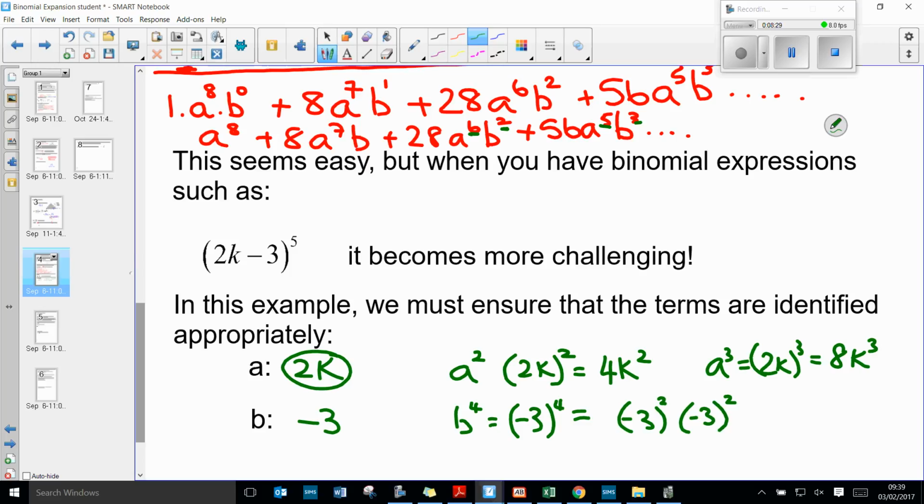Negative 3 squared we know is positive 9, which gives us positive 81. So you want to look for shortcuts to help you, especially on the non-calculator paper. You don't necessarily want to have to remember that negative 3 to the power 4 is 81. But if you remember that it's negative 3 squared times negative 3 squared, then that's much easier and less daunting. Okay?